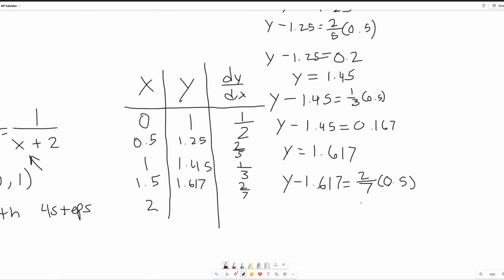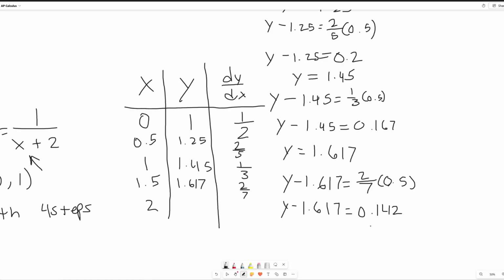And then finally, you get 2/14 or 1/7. So 1/7 is about 0.143.